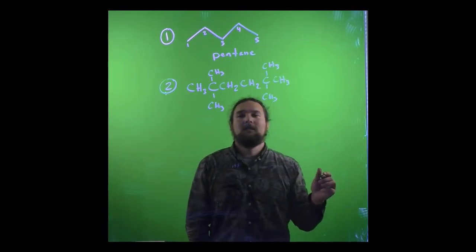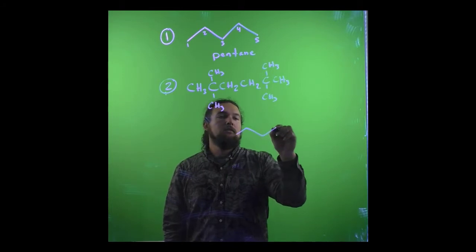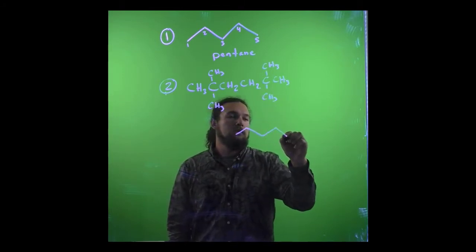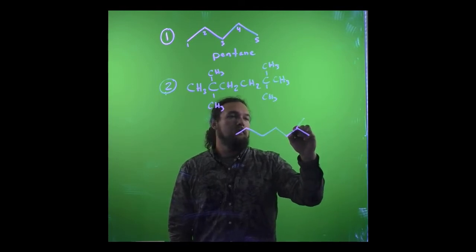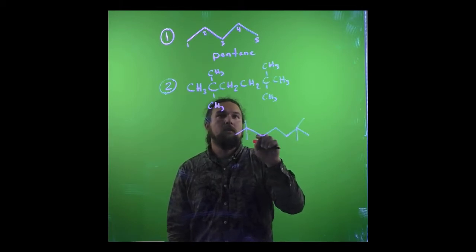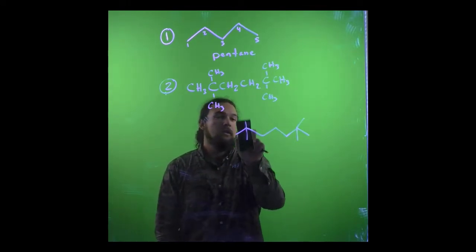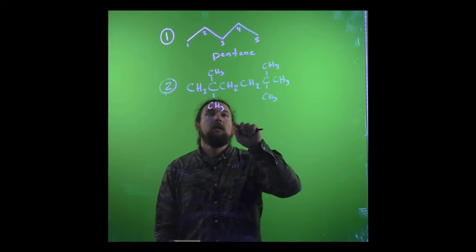If we were to draw this in line formula, it would be something like this, and we'll have a methyl coming off here, and a methyl there. That's actually drawn wrong. Let's erase that. Let's just look at this one over here, and we'll talk about it after, okay?